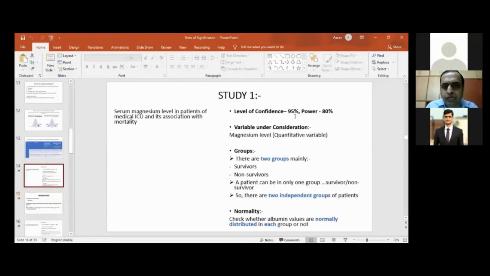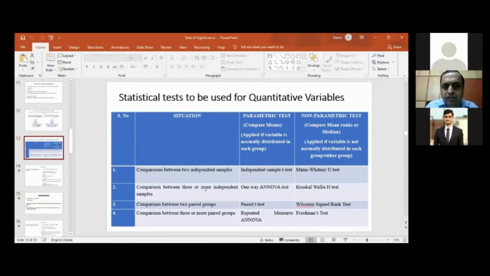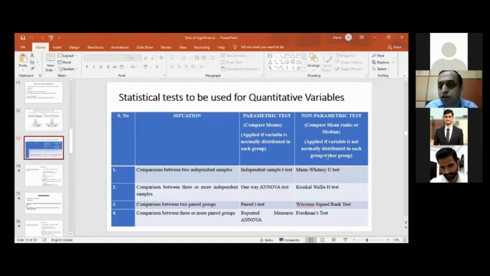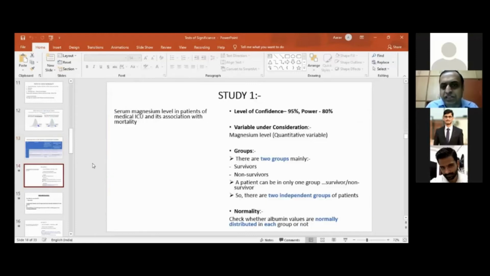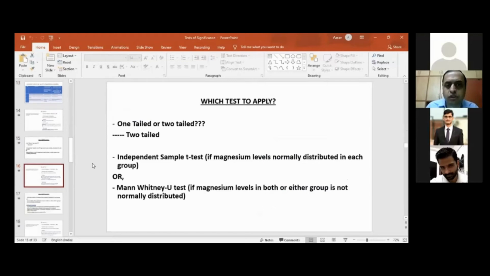So just going back to the table, we had this situation in this study: two independent samples, survivors and non-survivors. If magnesium followed normal distribution, independent sample t-test. If not, in either group or both groups, Mann-Whitney U test. That is how you decide which test of significance to use.